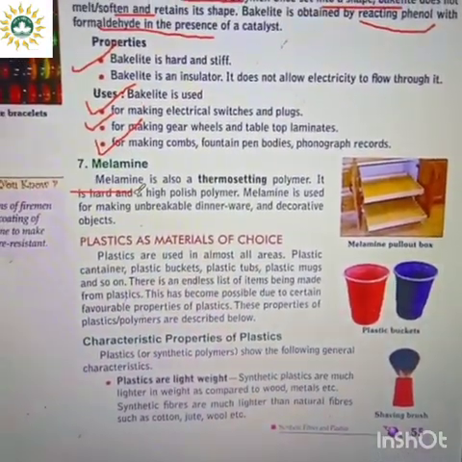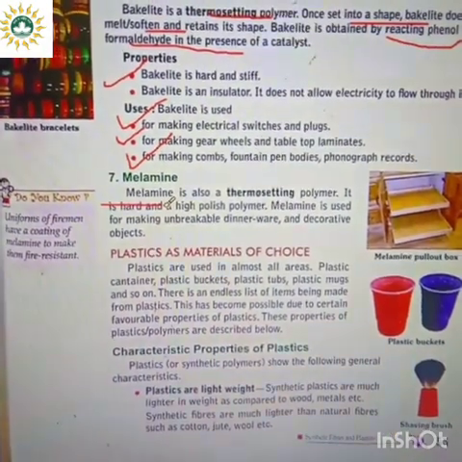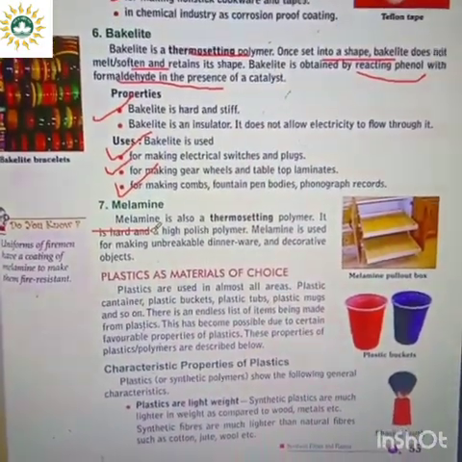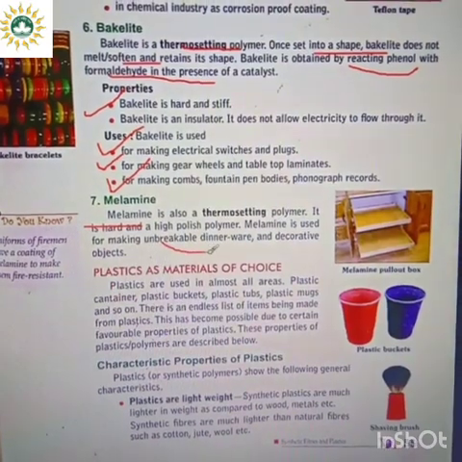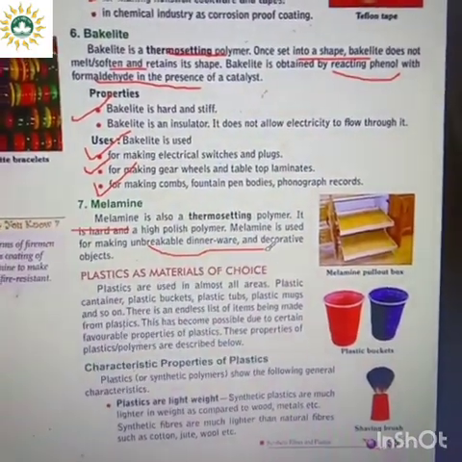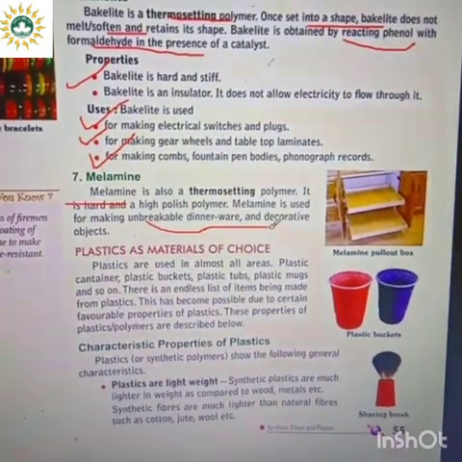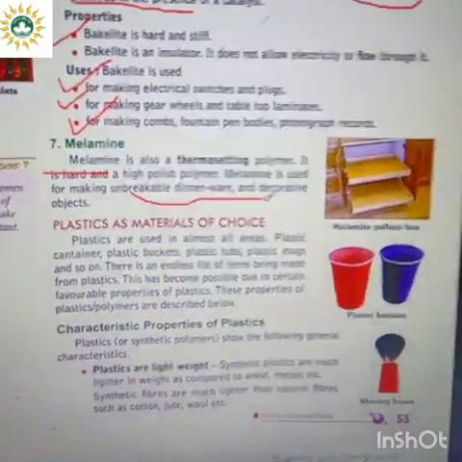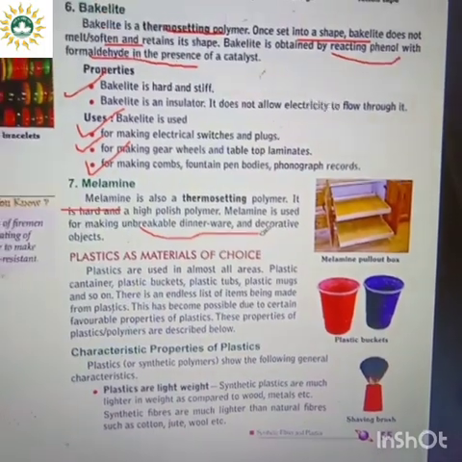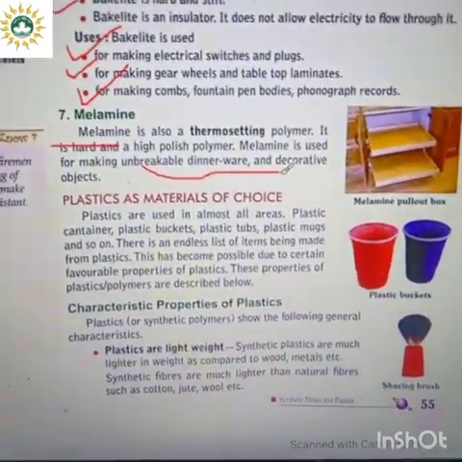So melamine is a hard and high polish polymer. Okay, it is used for making unbreakable dinnerware, our kitchen set, dinner set, and decorative objects are made up of melamine only, right?